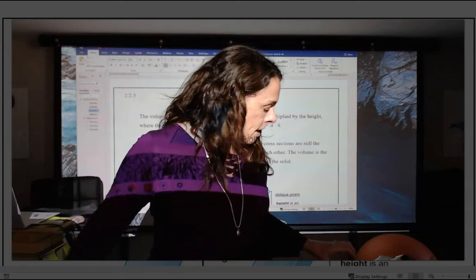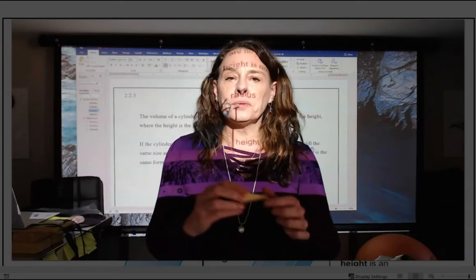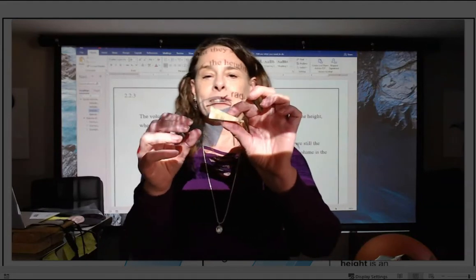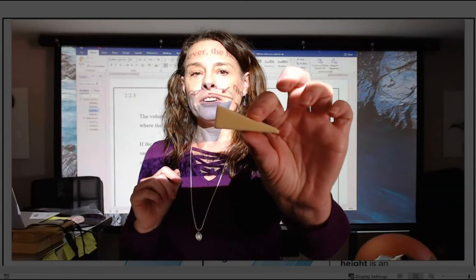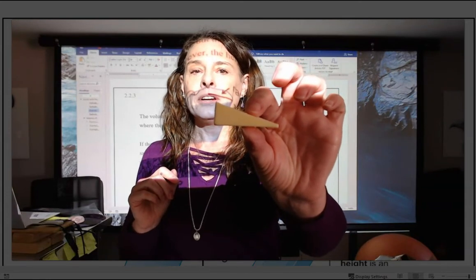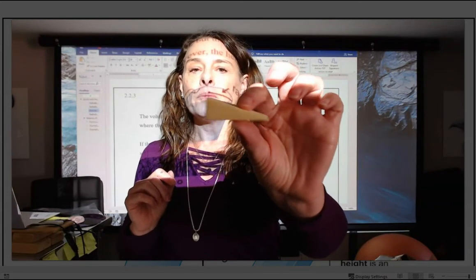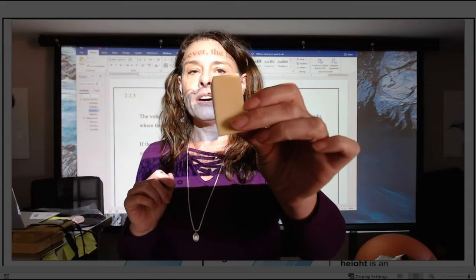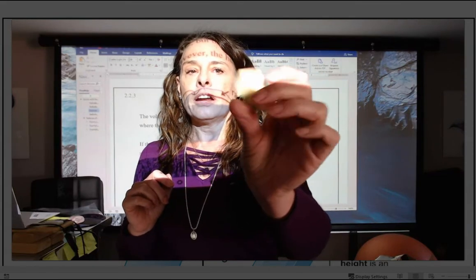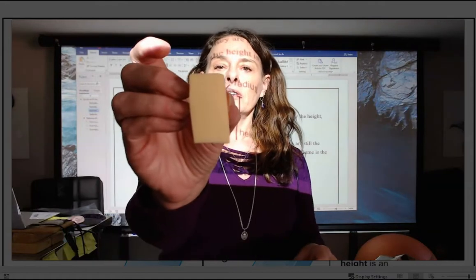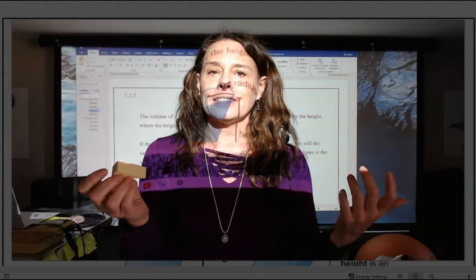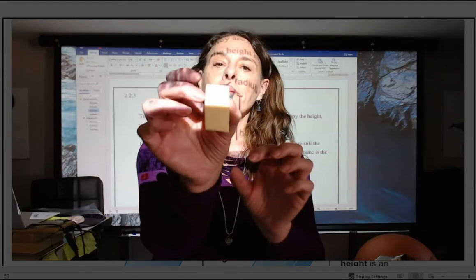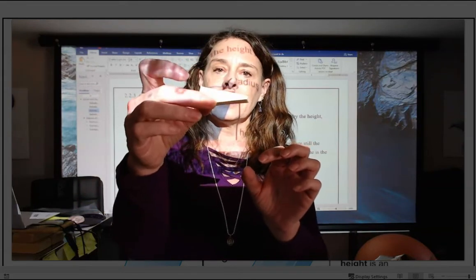Let's take a look now at another one. This one I borrowed from my makeup table. This is basically a makeup wedge sponge, all right? So it's also considered a cylinder. And when you're looking at it, you're like, well, I've got a rectangle there, and I've got a rectangle there, and those look like the same size and same shape. I'm good to go, right? Bases? No, they're not parallel to each other because of the slanted edge.